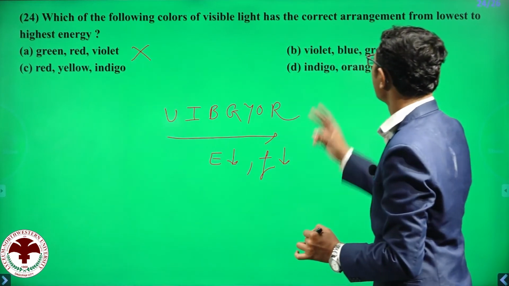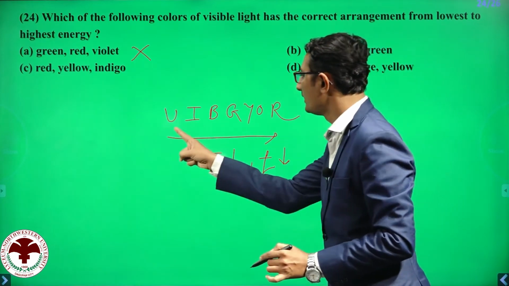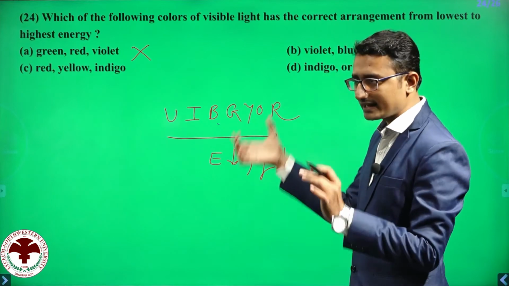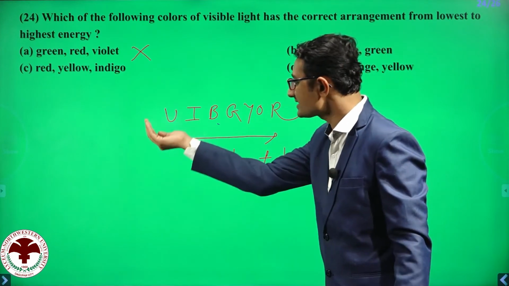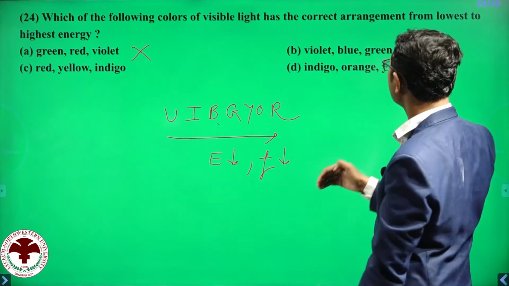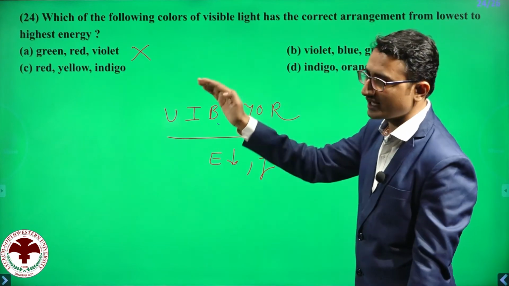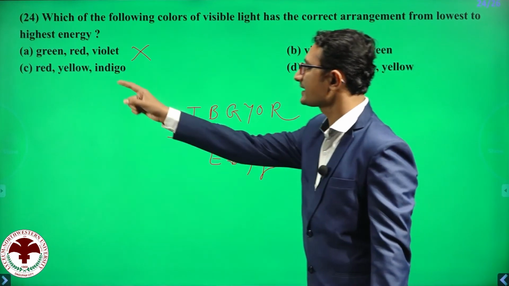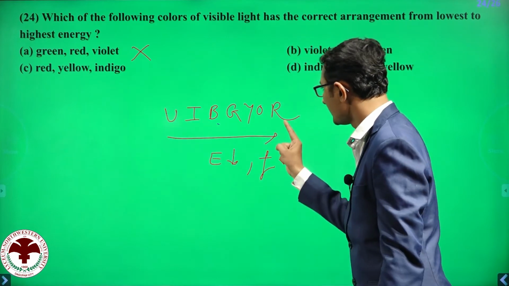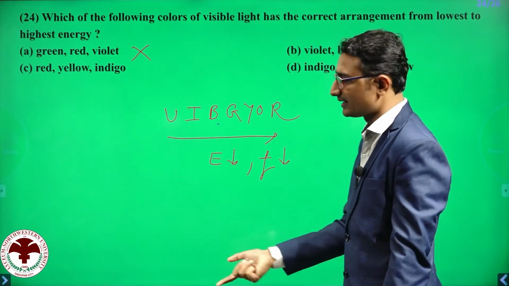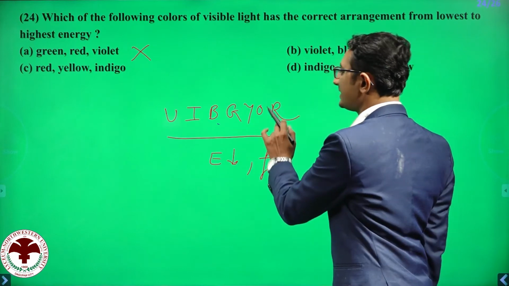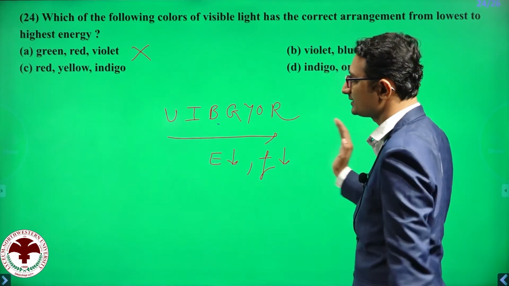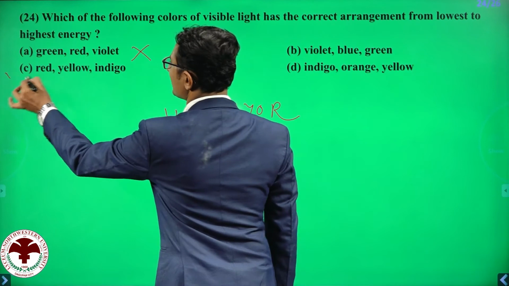Violet, blue and green is correct for highest to lowest energy, but we want lowest to highest, so this is wrong. Red, yellow and indigo is the correct arrangement, because red is the lowest and indigo is the highest. So this is our right answer.